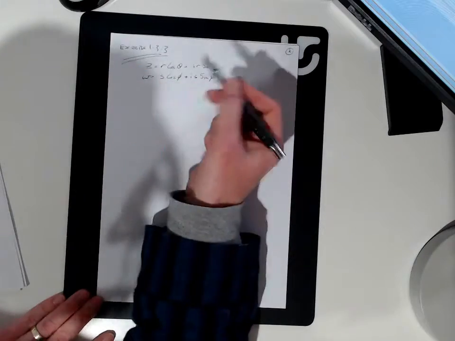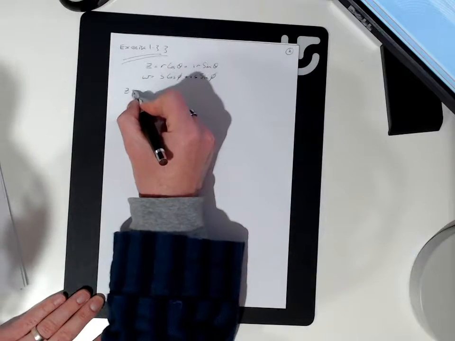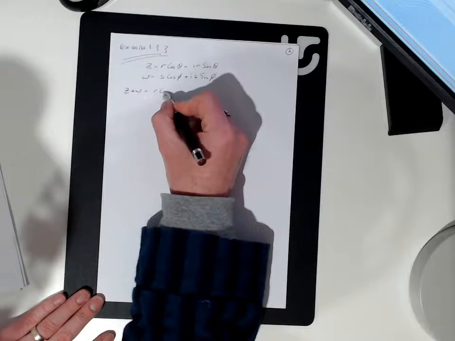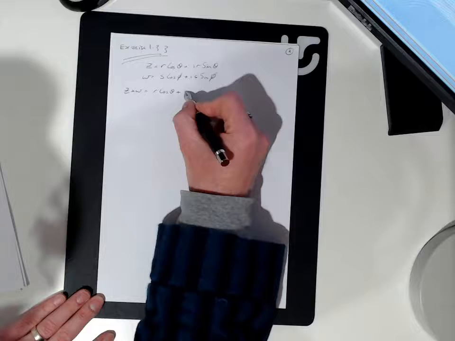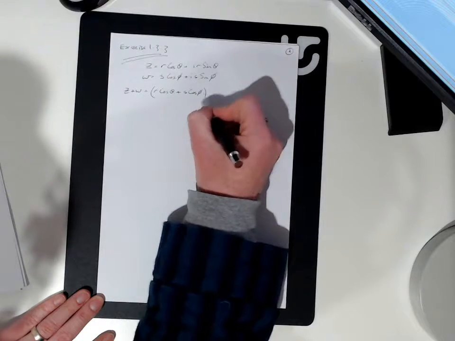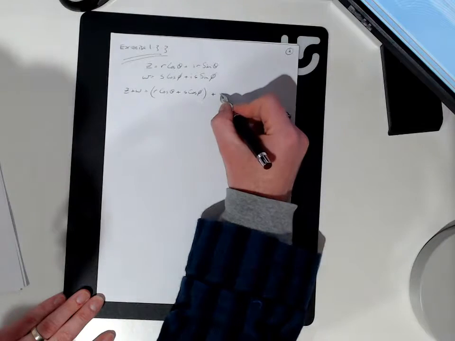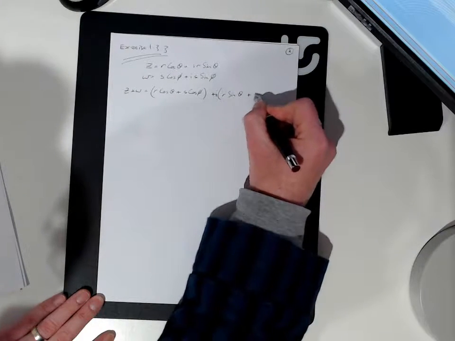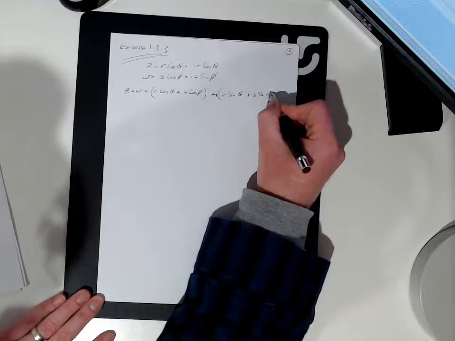Now, following the convention from previously, when you add these two together, you're going to get r cos theta plus s cos phi plus i times r sine theta plus s sine phi.